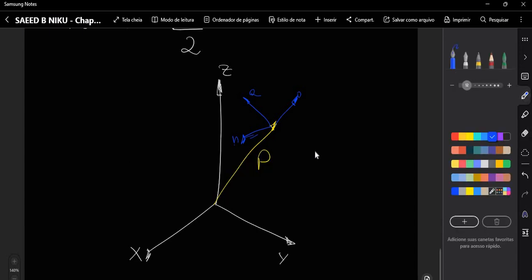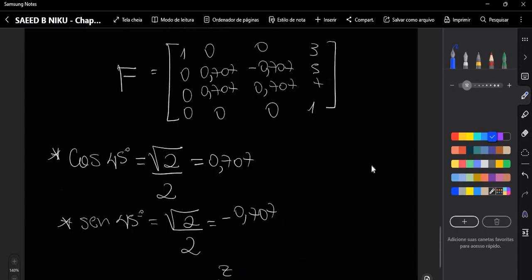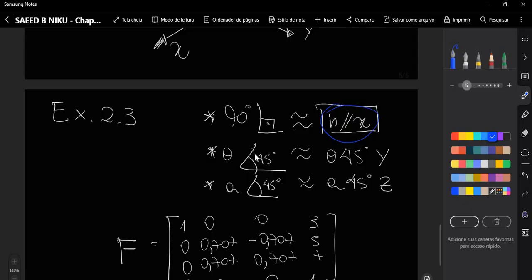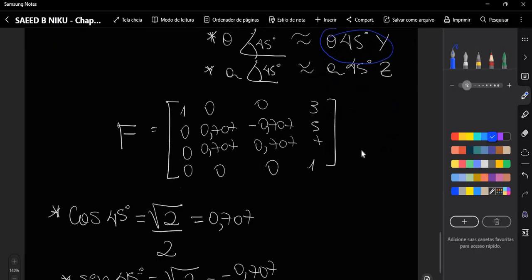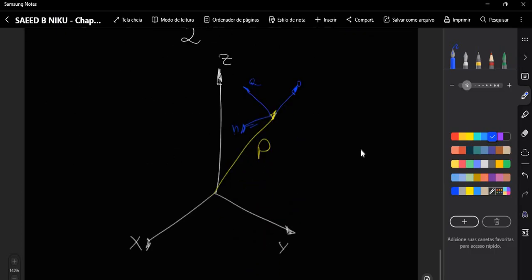Let's see, right here, O is 45 degrees, forming 45 degrees related to the axis Y. This is just to do the decomposition.